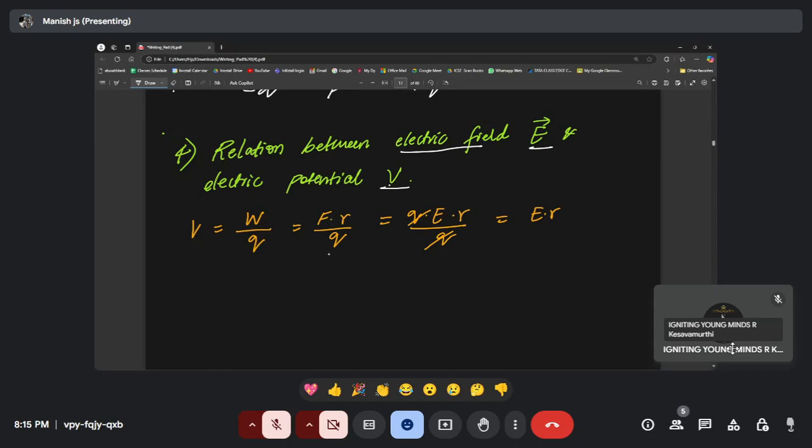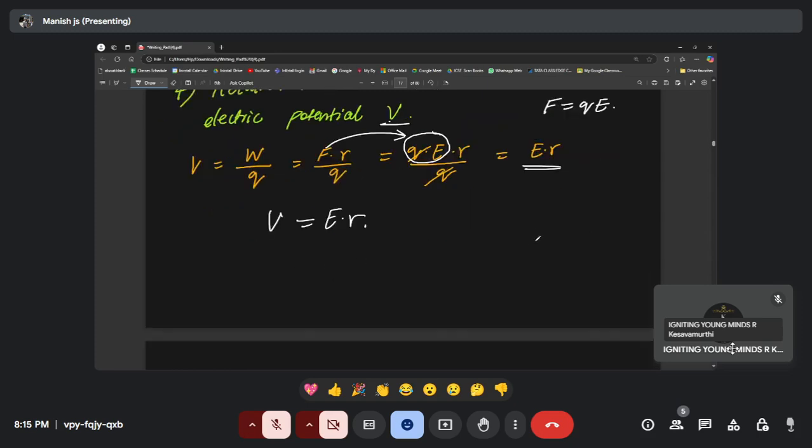I have substituted. Then I have expressed force in terms of electric field as Q into E. Very important. So I have expressed Coulomb's force in terms of electric field, which is F is equal to Q into E. And then I have simplified, got the relation V is equal to E into R. Okay.